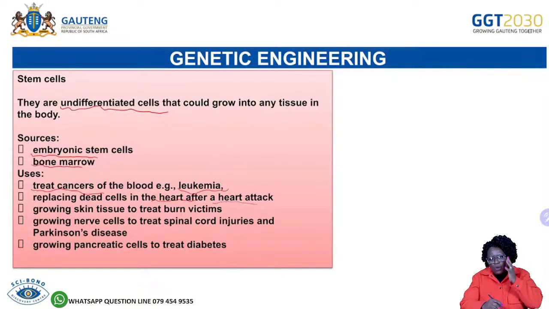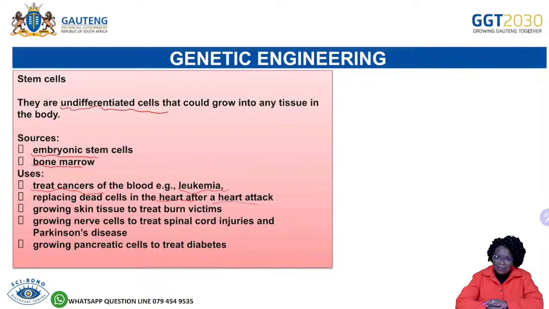When a person goes through a heart attack, there are cells that will die, and naturally the body is not able to produce more of those cells. But now with genetic engineering, stem cells can be manipulated to replace those cells that died, and somebody has a chance to live.